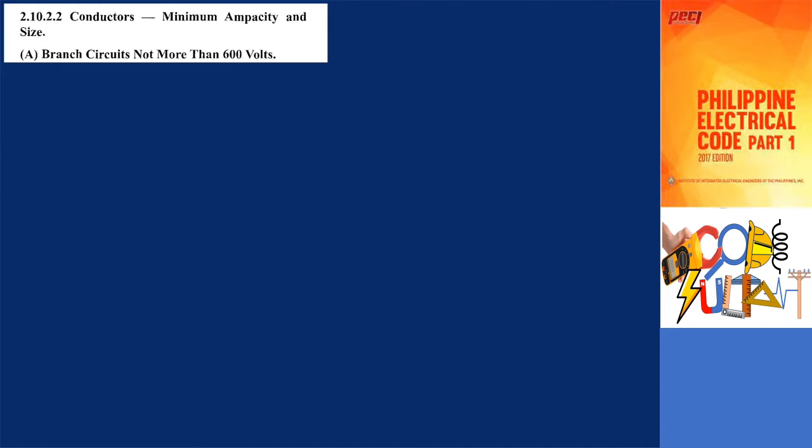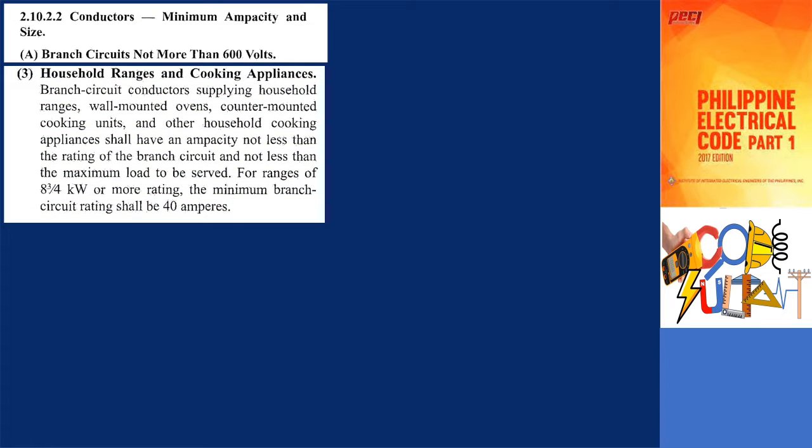To determine the branch circuit conductor of household ranges and cooking appliances, we can refer to section 2.10.2.2, 8.3. This section states that the conductor must have an ampacity that is not less than the rating of the branch circuit and not less than the maximum load to be served. For ranges with a rating of 8.75 kilowatts or more, the minimum branch circuit rating shall be 40 amperes.